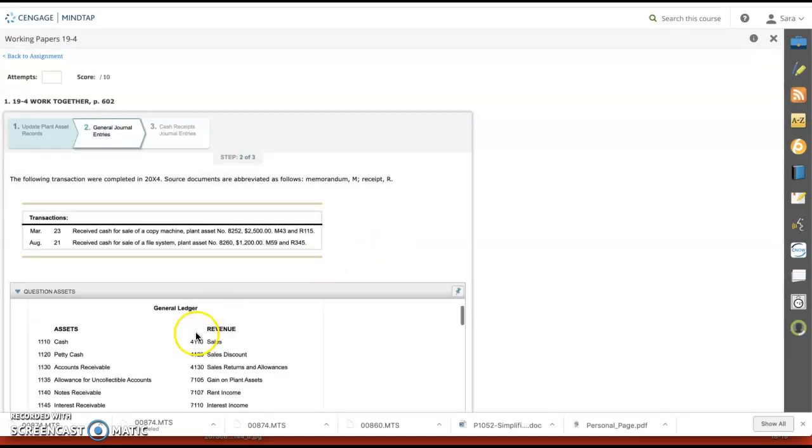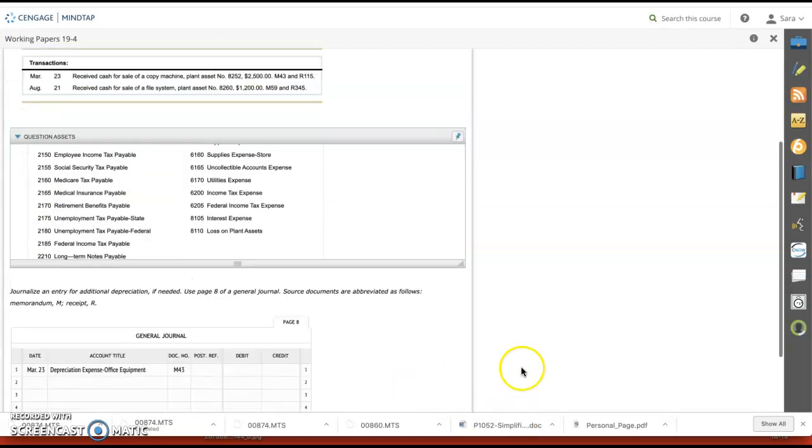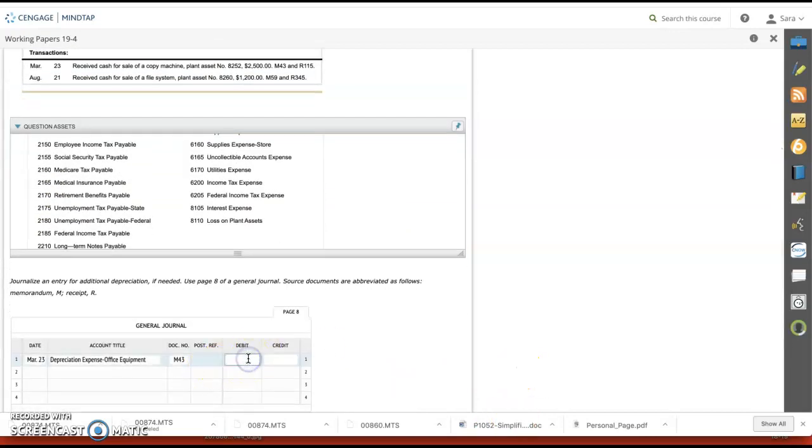Okay, so $500 in the debit, and then our second line is going to be accumulated depreciation dash office equipment, and $500 in the credit. And then we have our other one to do. So August 21st, depreciation expense.